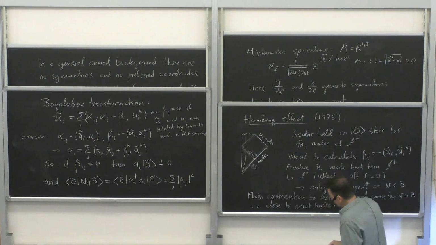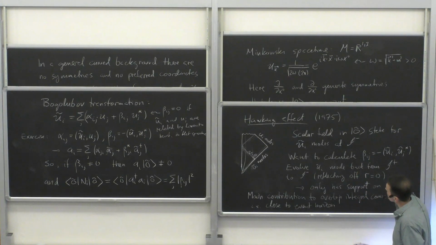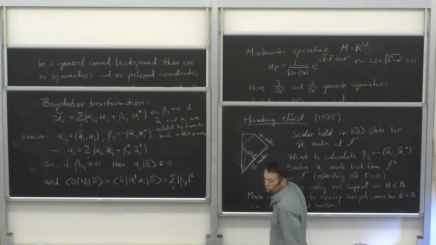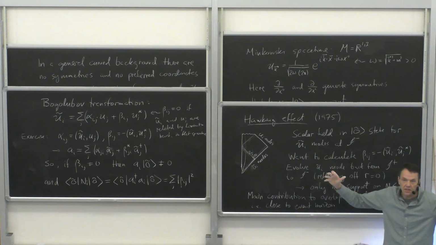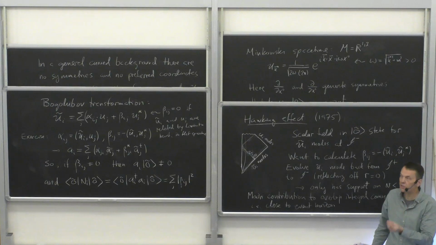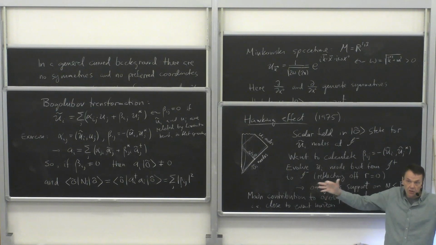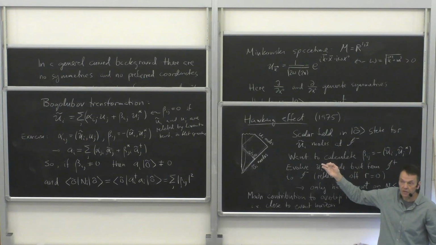Okay. And now to simplify things a little bit, rather than think about a general collapse here, we're going to think about a simple model where we just have a null shell that comes in and collapses, so that we have basically vacuum, Minkowski spacetime on the inside, and then the shell comes by, and once it has passed, you have the Schwarzschild solution on the outside.